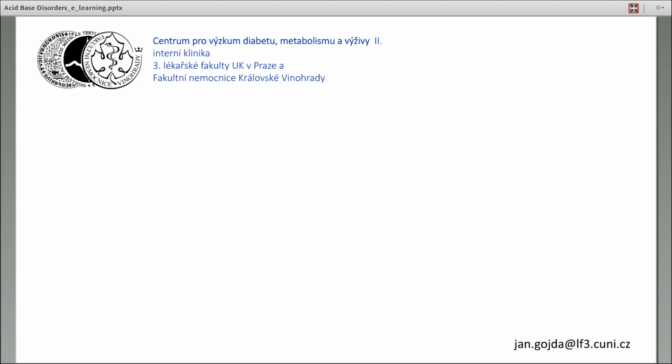So first look at the patient, then look at the lab results. All the acid-base disorders have their underlying cause, and talking about acid-base disorders means talking about their underlying causes, and the same applies to treatment of acid-base disorders.